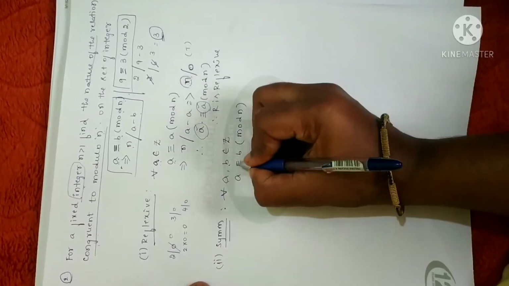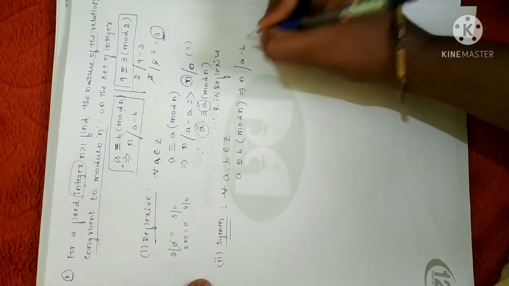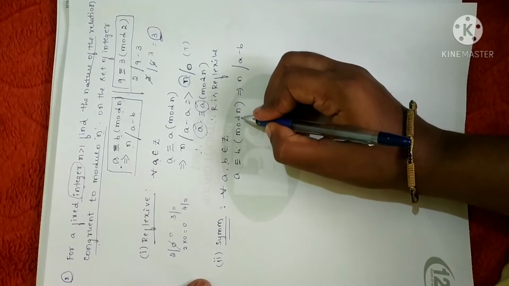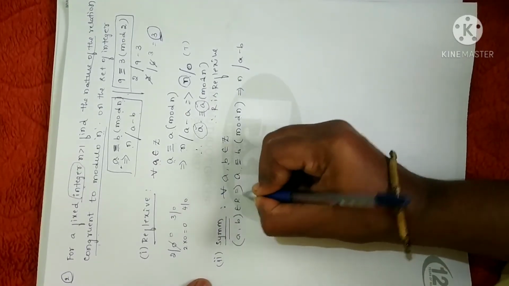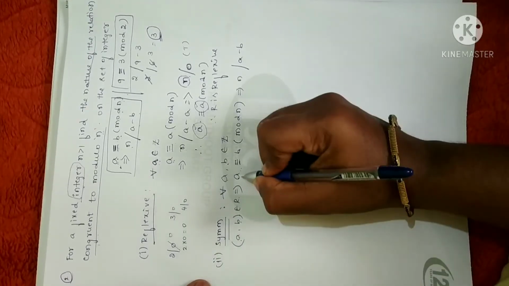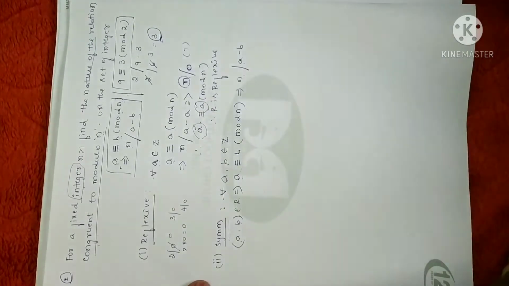As per the definition, n should divide A minus B. I have taken elements A and B which satisfy this condition, meaning (A, B) belongs to R. So when I write (A, B) belongs to R, that should satisfy the modulus property, meaning n is dividing A minus B.